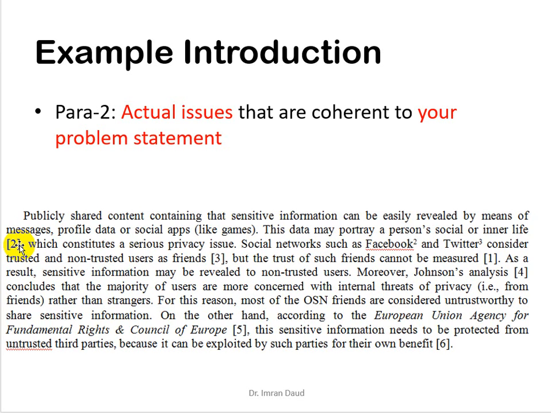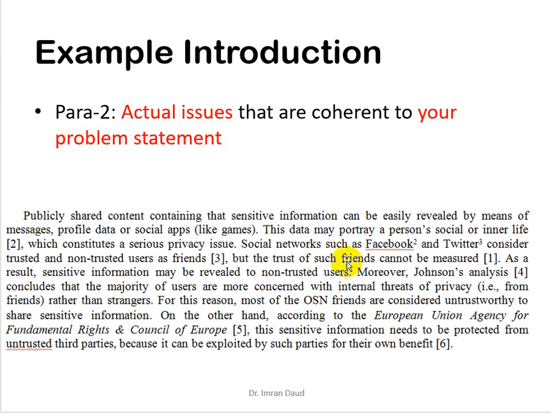Whenever your claim is supported by a reference, then it becomes authentic, right? Because it's not what you are saying, it's the other one who has already published his paper in some venue, and it has been accepted by the researchers or the reviewers, so that claim cannot be challenged. So you are building your claims stronger by including more references or citations.